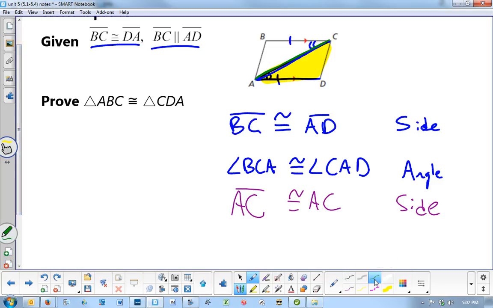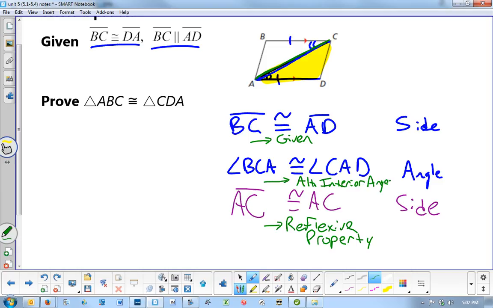We have a reason for this. This is the reflexive property, okay? Reflexive property. And the reason for this guy right here, this was given. And the reason for this thing, these were alternate interior angles, okay? Now, so the question is that enough to say that the triangles are congruent?